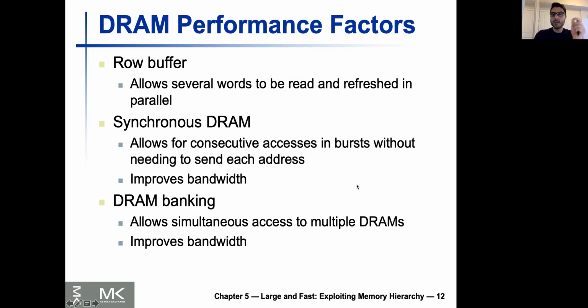Also the way the banking has been designed, right? Whether it's in 1 dimension or 2 dimensions. Now some companies are thinking about 3D RAM, which is going to be a revolution for RAMs. So that would play a huge factor for this as well.